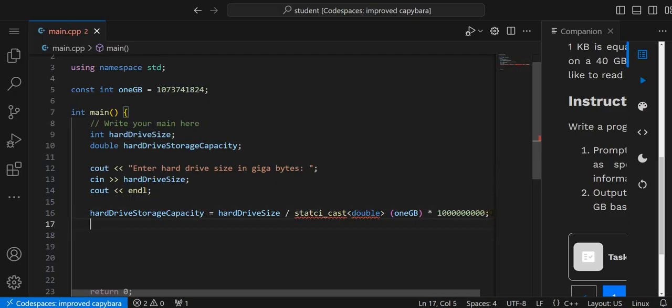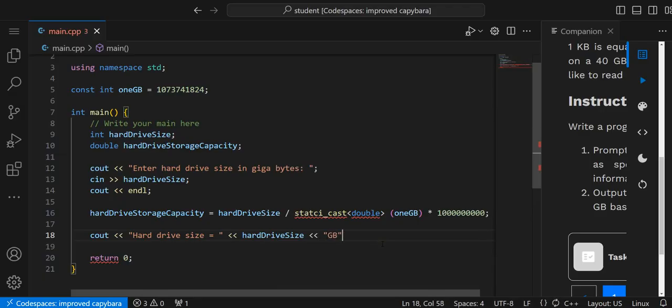Now the next to last line: hard drive size equals, and let's go hard drive size and let's go with gigabytes, GB. Print that out, and endl.